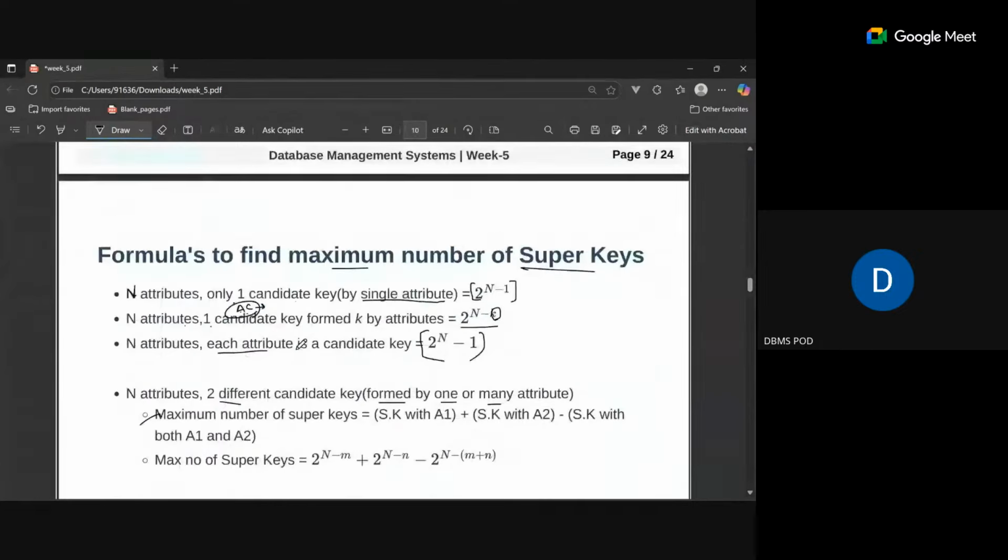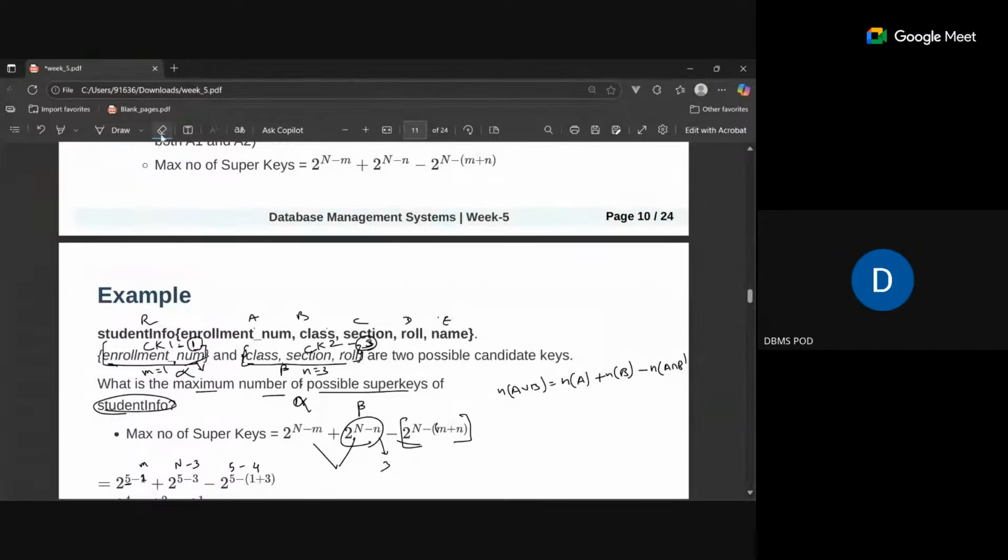For example, here: enrollment number, class, section, roll, name. Class is a prime attribute, section is prime, roll is prime, enrollment number is also prime. But name is not a prime attribute.